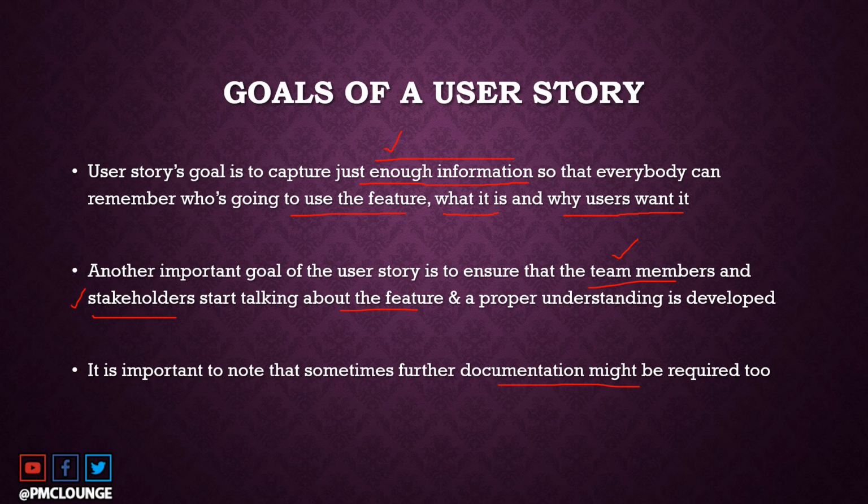They are not going to write specific details of every single requirement. So the basic idea behind a user story is to jot down just enough information, get your stakeholders and Scrum team members to talk about the user story, and then, if required, have supplementary documentation too.